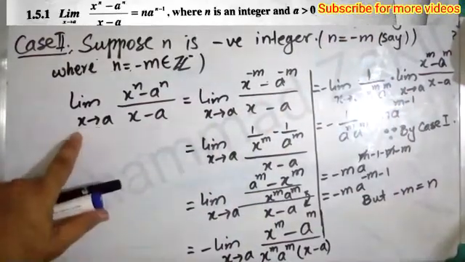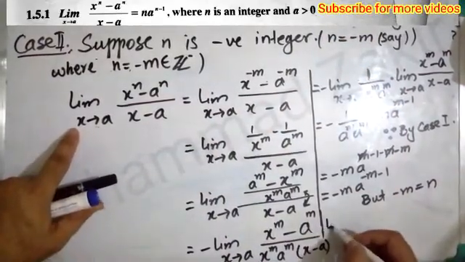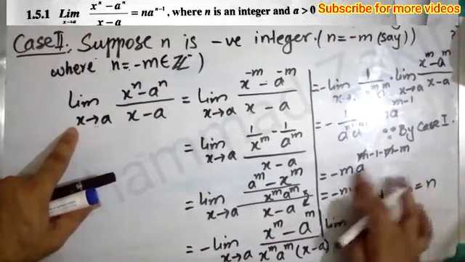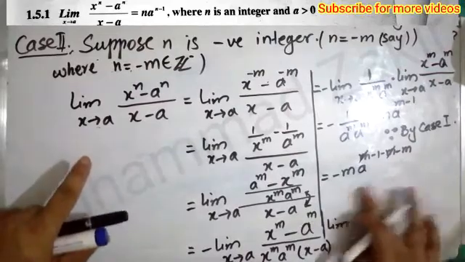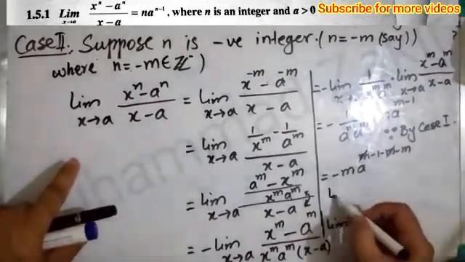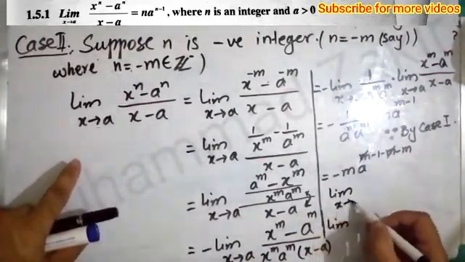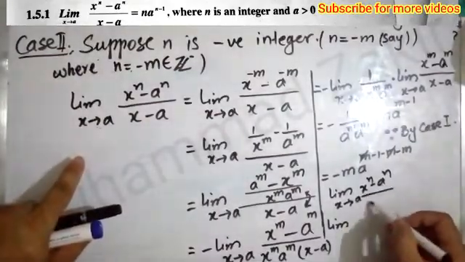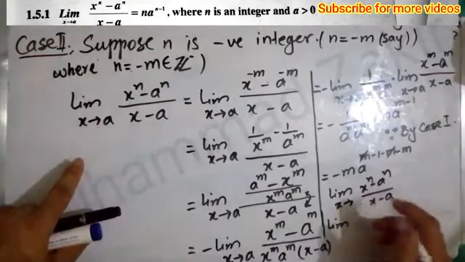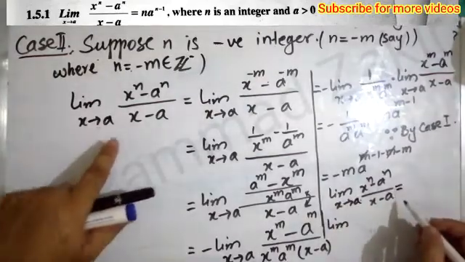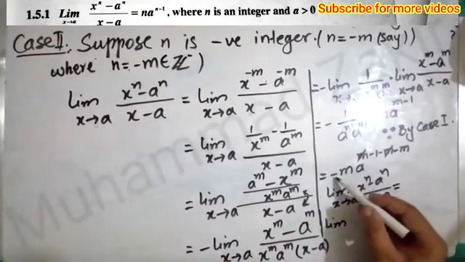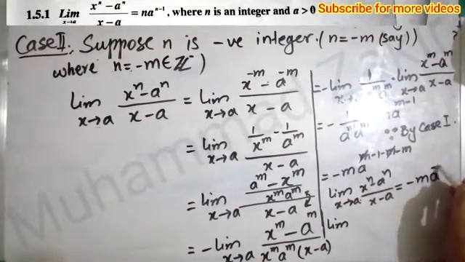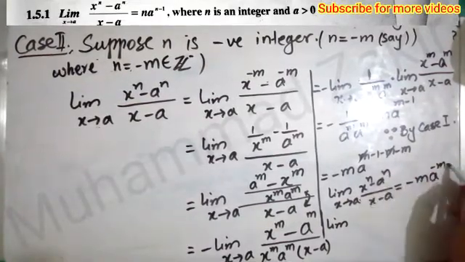And what do we have on the left hand side? On the left hand side, in finalized form, the limit x approaches a, xⁿ minus aⁿ by x minus a takes this form. This is equal to the right hand side, and the right hand side is minus m a power minus m minus 1.